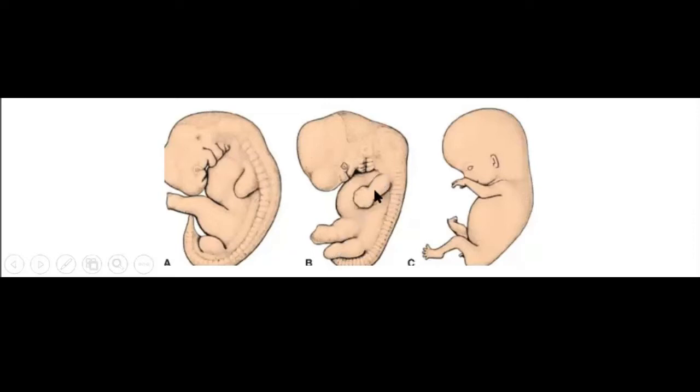And the proximal part of the limb bud then has a second constriction at the elbow level, so that the main parts of the upper limb and lower limb are now recognized in the embryo.